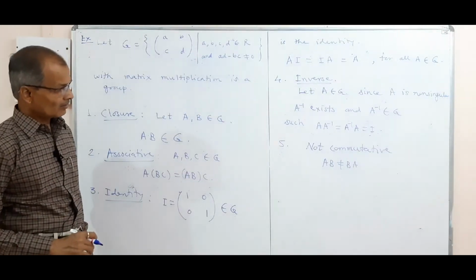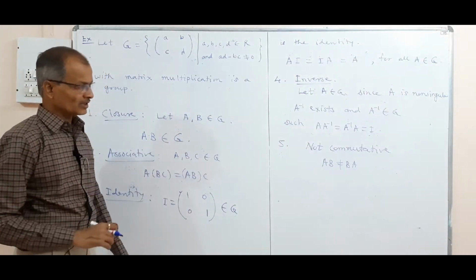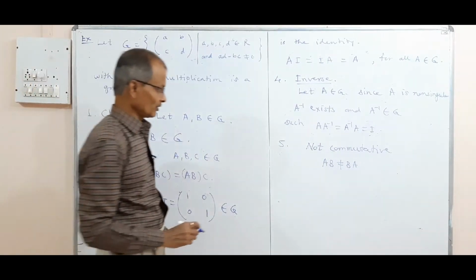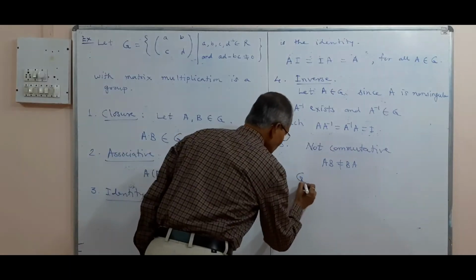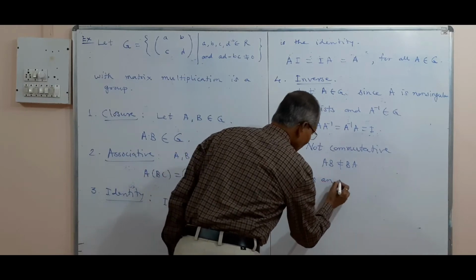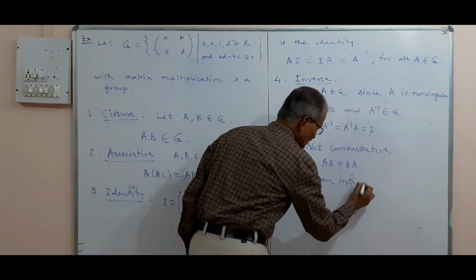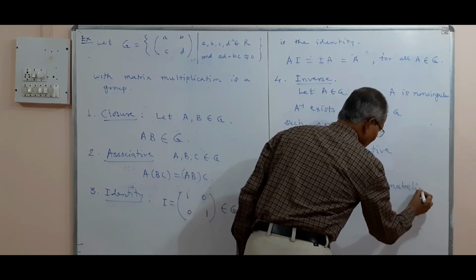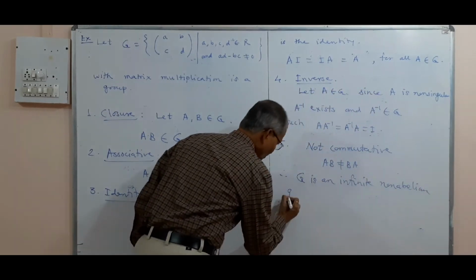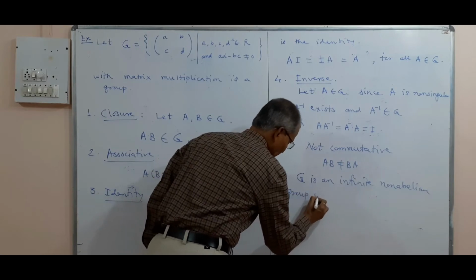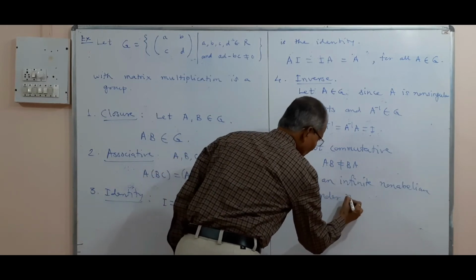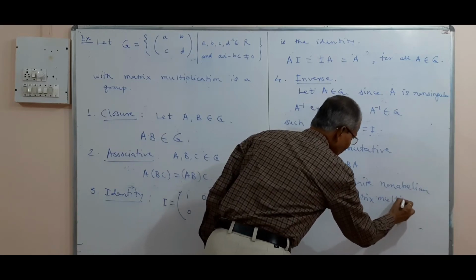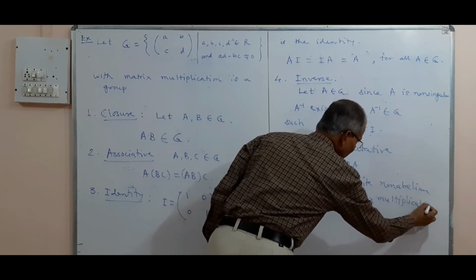The optional property, the commutative property, is not satisfied, but it forms a group which is non-abelian or non-commutative, and therefore G is an infinite non-abelian group under matrix multiplication. So this is an example of a non-abelian group.